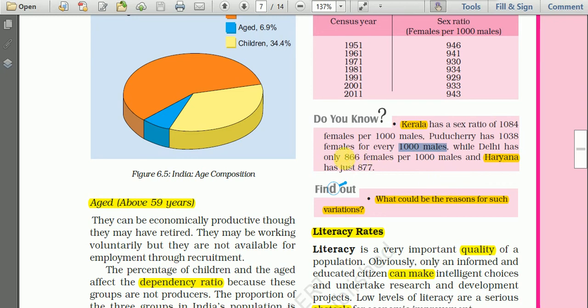Delhi has only 866 females per 1,000 males, and Haryana has just 877 females per 1,000 males. That means Haryana has the lowest sex ratio in India, only 877 females per 1,000 males, and Kerala has the highest sex ratio, 1,084 females per 1,000 males.